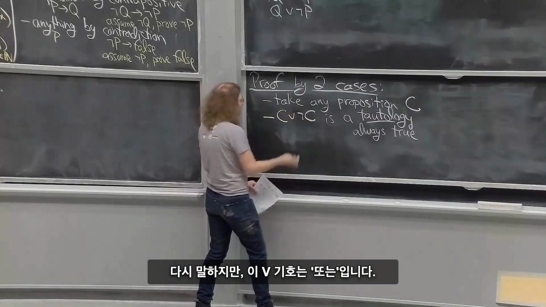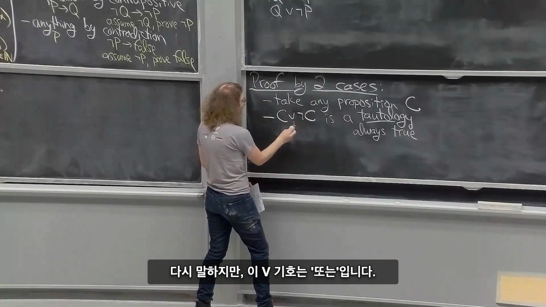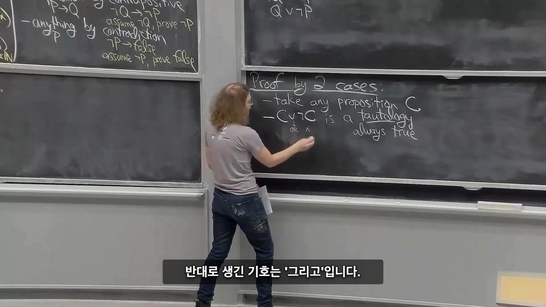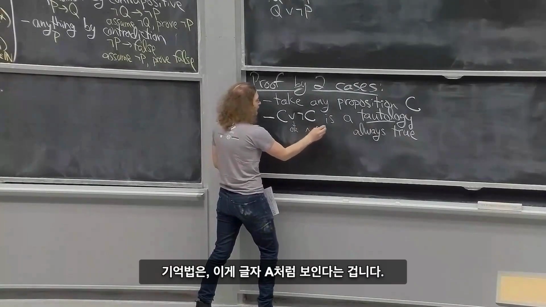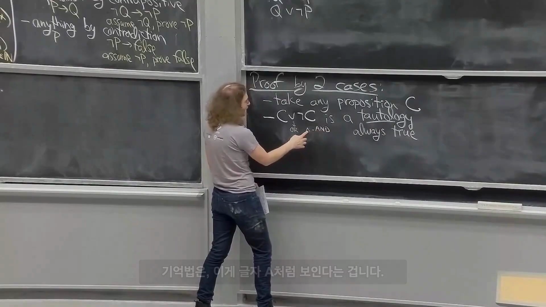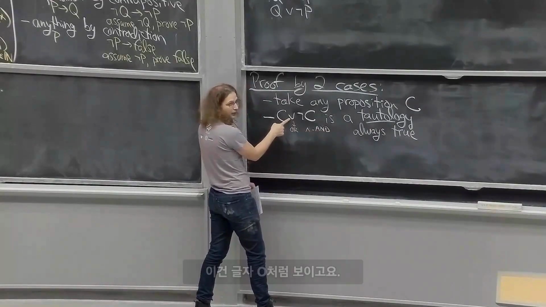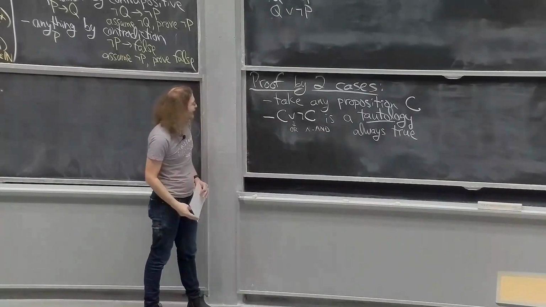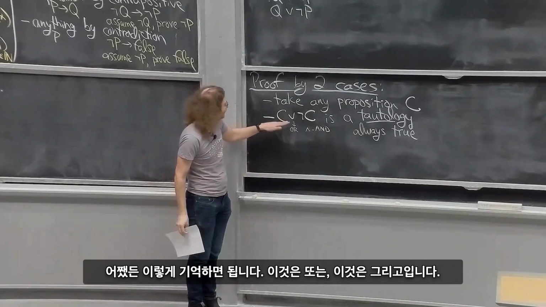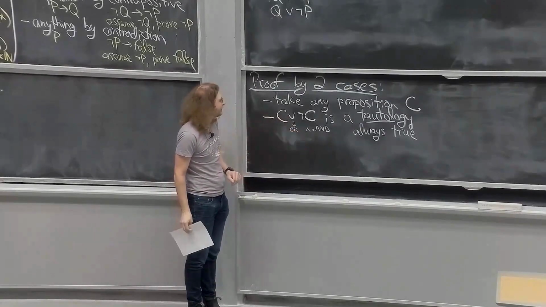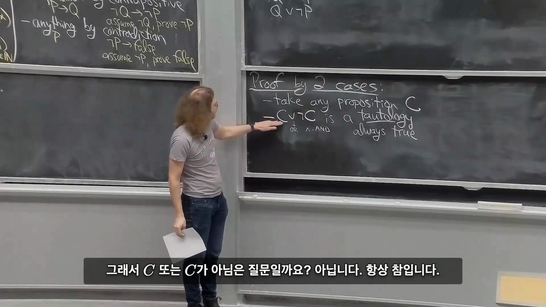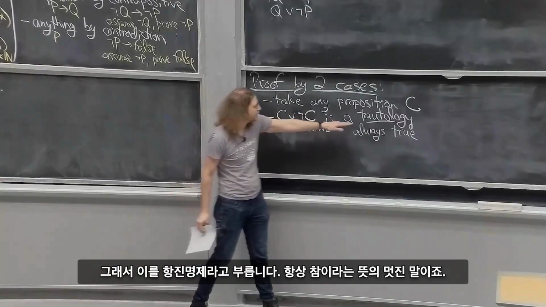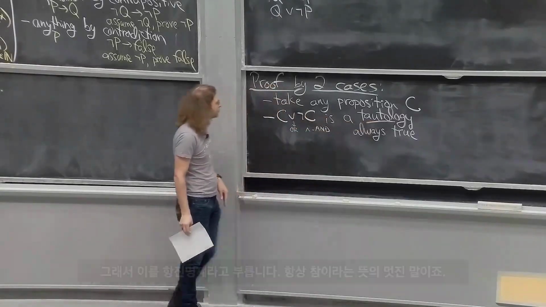I'm going to remind you, this V symbol is an or, whereas the opposite symbol is an and. I think the mnemonic here is this looks like a letter A. This looks like a letter O. I've heard some people say this looks like a lowercase r for or. Anyway, you just remember these things. This is or, this is and. So C or not C is always true. So we call it a tautology, fancy word for being always true.